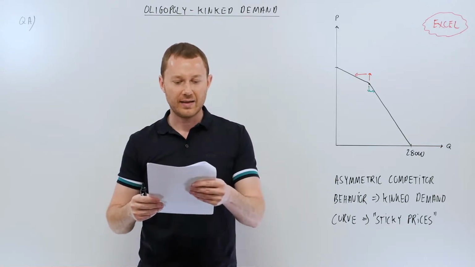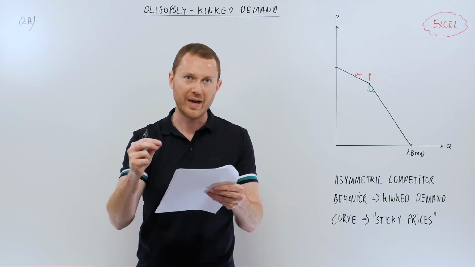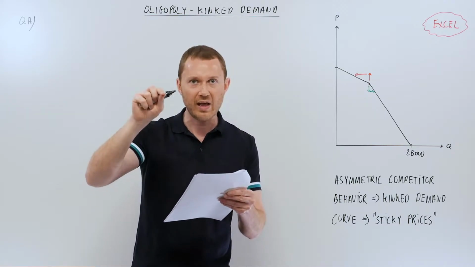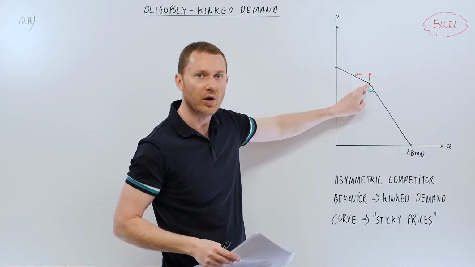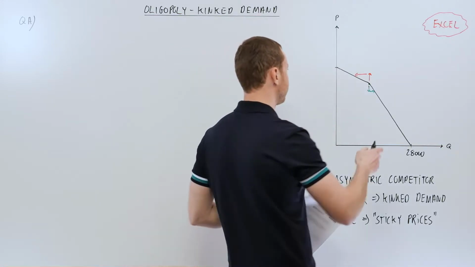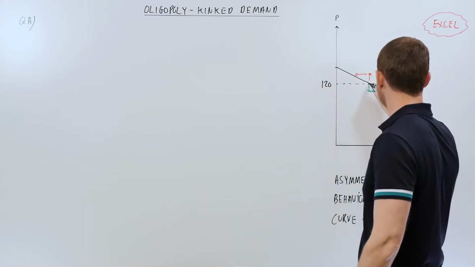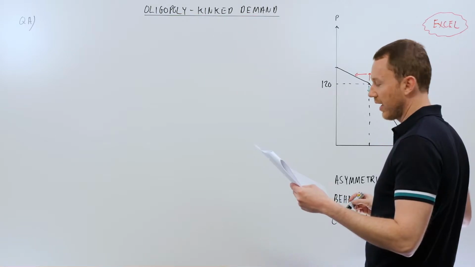Then we see that at our current price of 120 kroner, it is from there that we get different reactions, thus telling us that the kink is at 120 kroner. So that must be 120, and it says at 12,000 boxes.